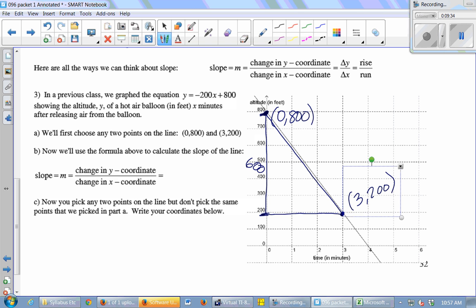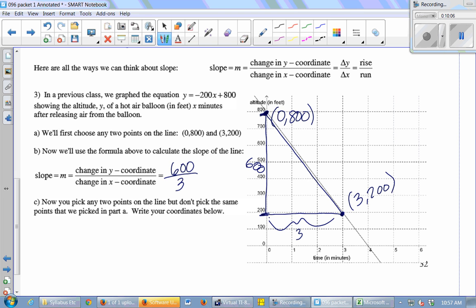And then what's this horizontal change? This distance here is 3. It went from 0 to 3. So the change in the y coordinates is 600. Change in the x coordinates is 3. But why is it negative 3? 0 minus 3, yeah, because if you did the 800 minus the 200, you have to do the subtraction in the same order with the x coordinates.